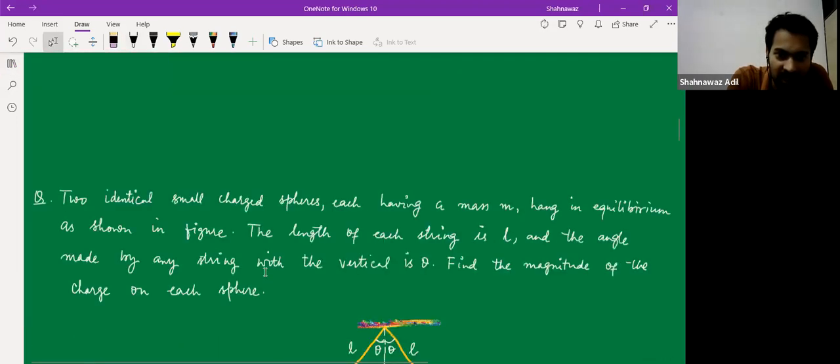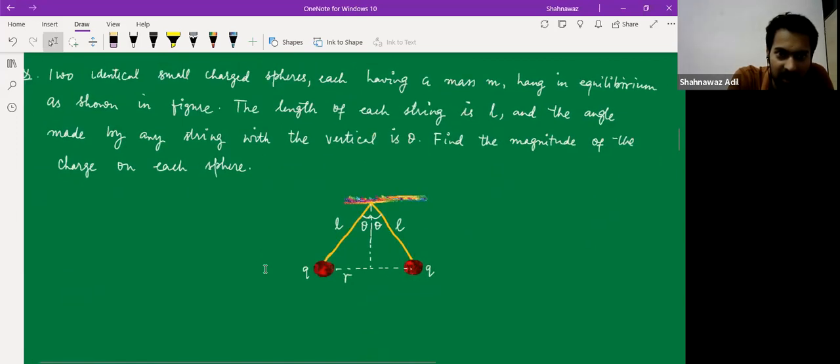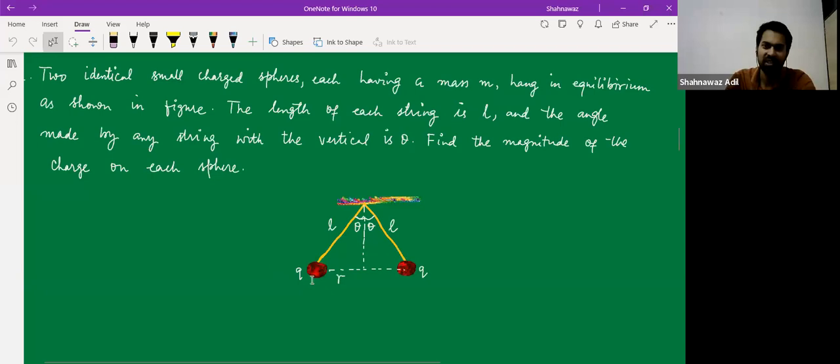Okay, so in this question, these charges are at equilibrium, right? This plus Q and this plus Q are at equilibrium. These yellow strings are some strings, right? And these charges are repelling each other.